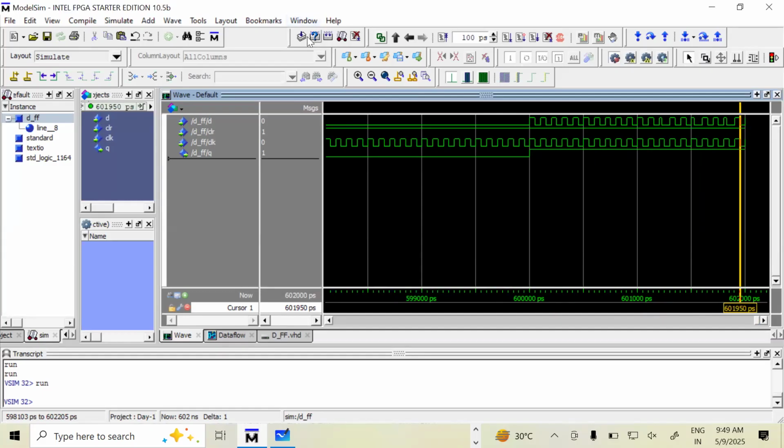Now let us start with JK flip flop. How is it working here? How will you code for it?